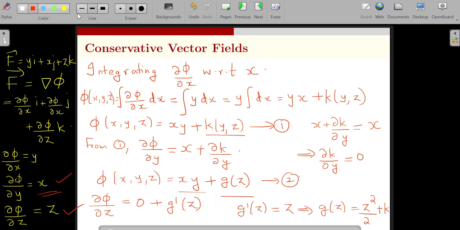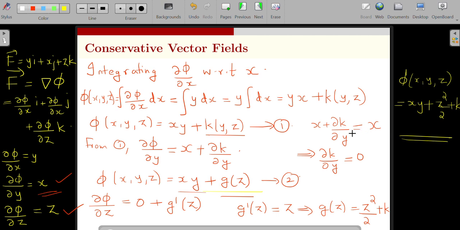z square by 2 plus some constant k. So in effect, equation number 2 now becomes phi of xyz equal to xy plus g of z, and we obtain g of z as z square by 2 plus k.